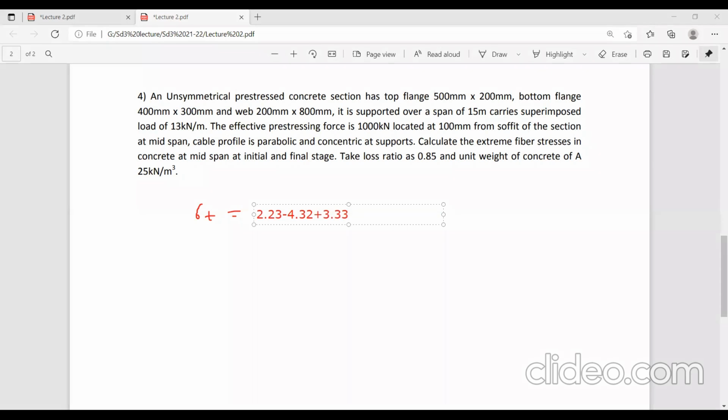So we'll get the final stress. Sigma top is equal to 3.67 MPa. MPa means Newton per mm square.